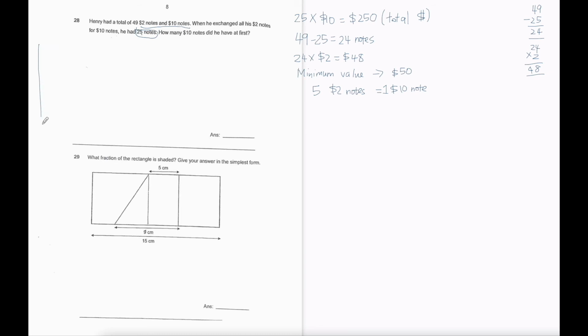I'm going to draw a box here. The first column will be the number of $2 notes, and this will be the amount. The next one will be the $10 notes, and then this will be the amount.